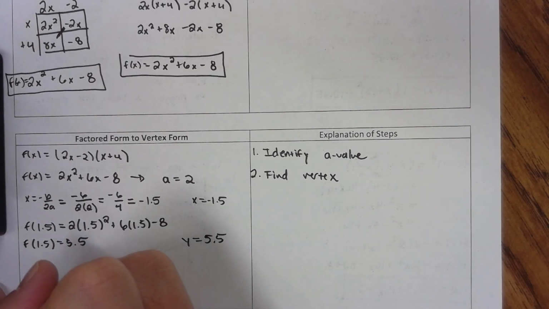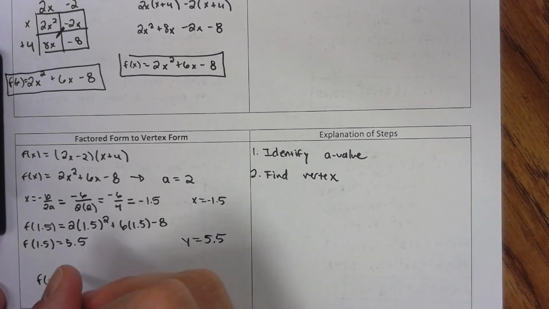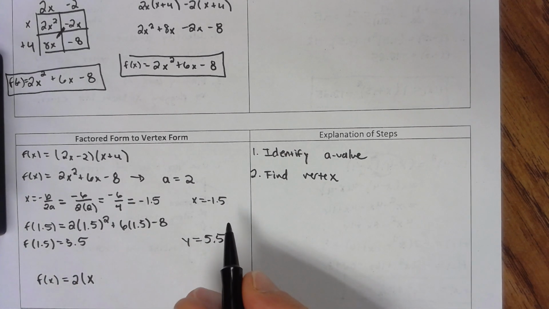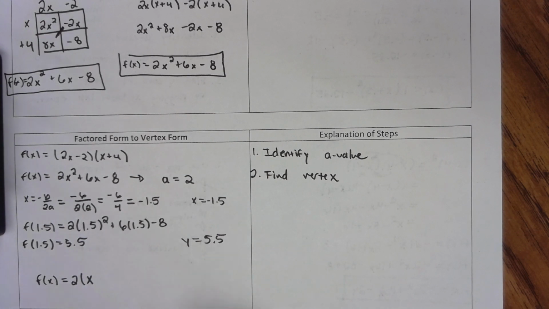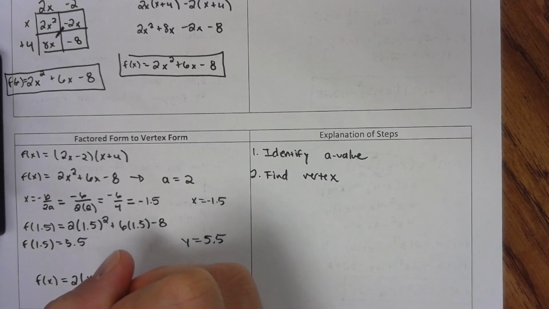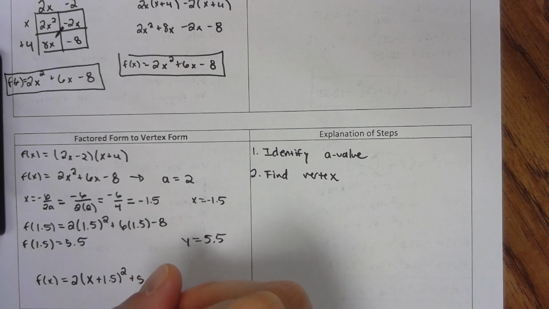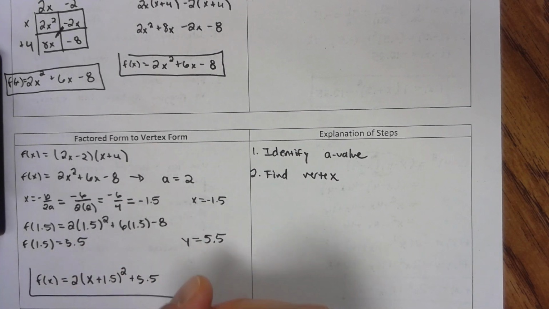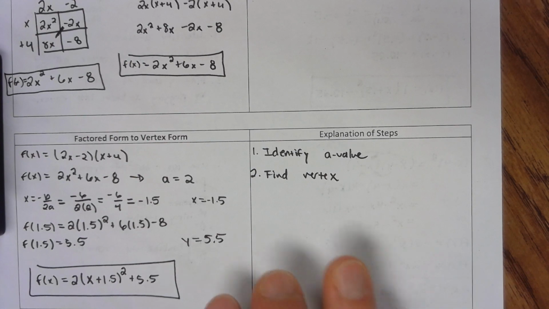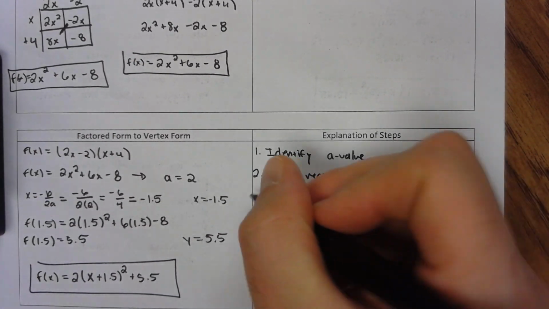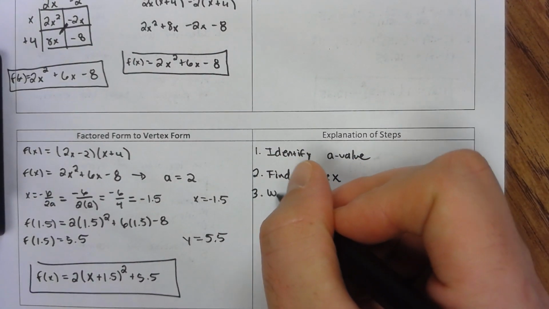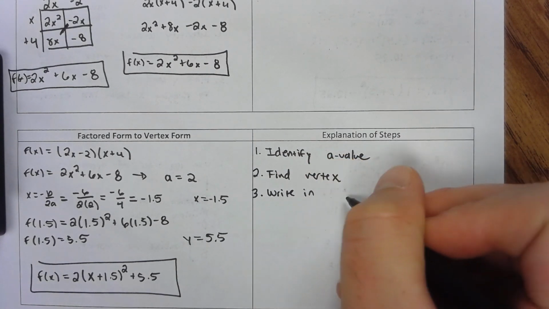So it would be f of x equals our a value of 2, x minus the x coordinate of the vertex. Remember, that's always going to be the opposite sign. So x plus 1.5, and that's squared, and then plus 5.5 at the end. So the last part is right in vertex form.